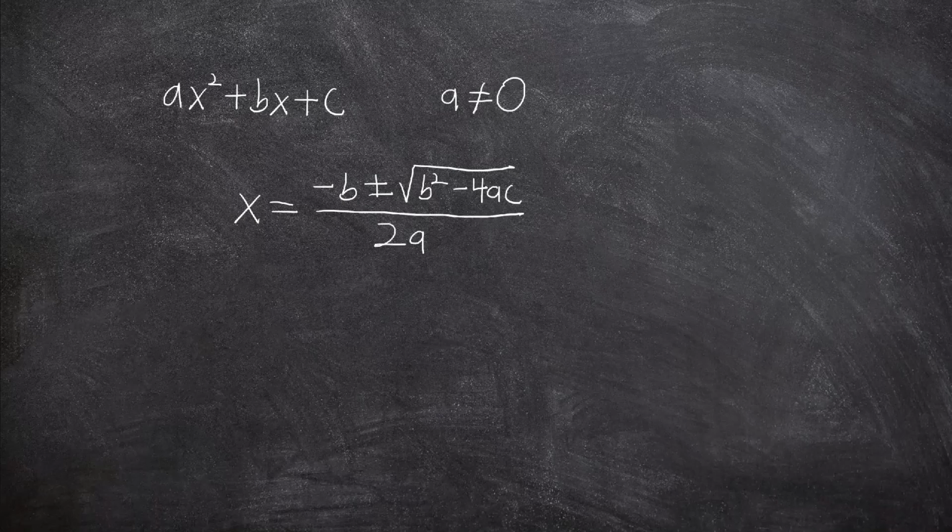This is what the quadratic formula is denoted as if these conditions are met, and please keep this in mind as we are doing the practice problems. So without any further ado, let's hop into it.